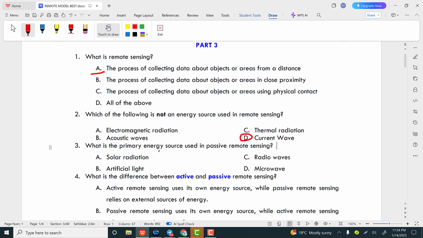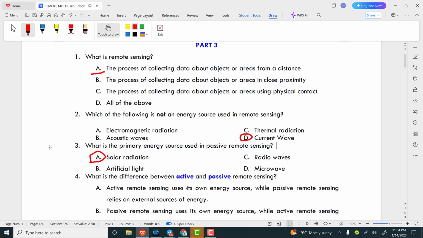So the question is mainly focused on passive remote sensing, and the primary energy source for passive remote sensing is solar energy. Artificial light is not the source, nor are radio wave and microwave. So solar radiation is the primary source.